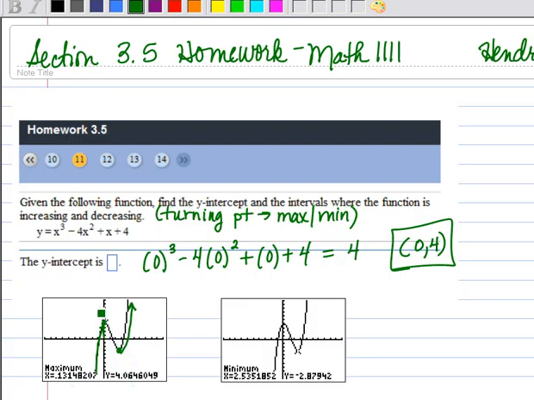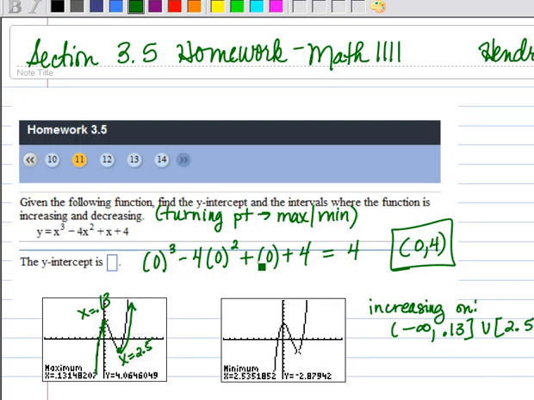We know this x value is 0.13, and the x value for this point we found over here is 2.5. So the graph is increasing on the interval from negative infinity to 0.13, and then also from 2.5 to infinity.